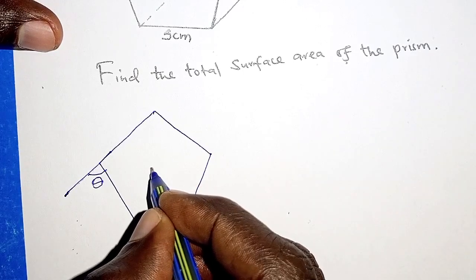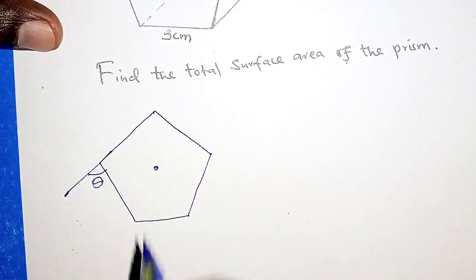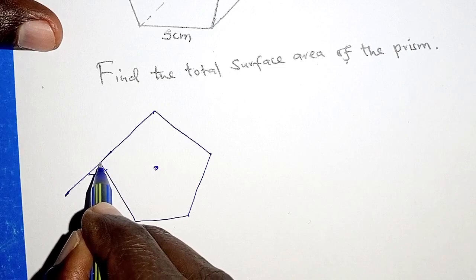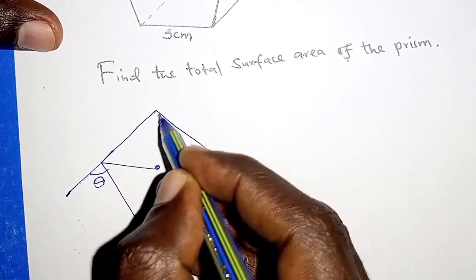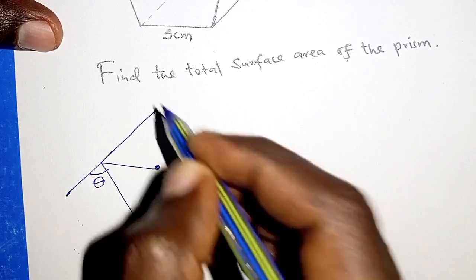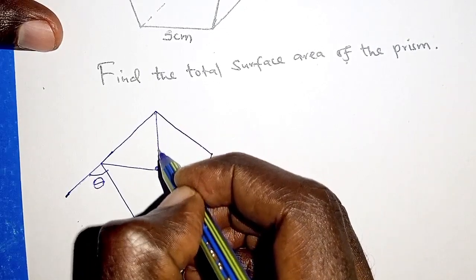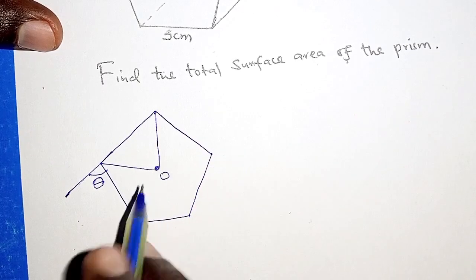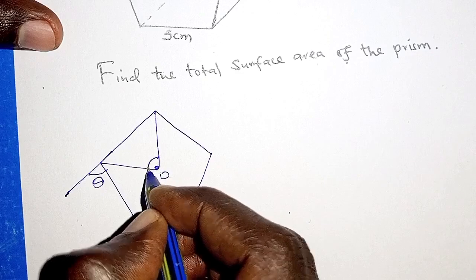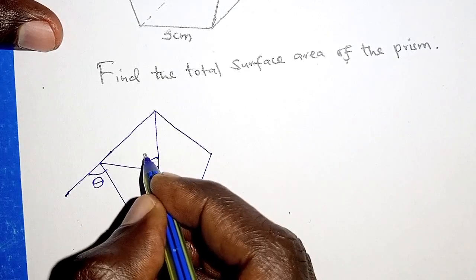And then, given the center of the pentagon, if we join from this vertex to the center, let's call it O, and from this vertex again to the center, then the angle subtended there should be equal to the exterior angle, theta.